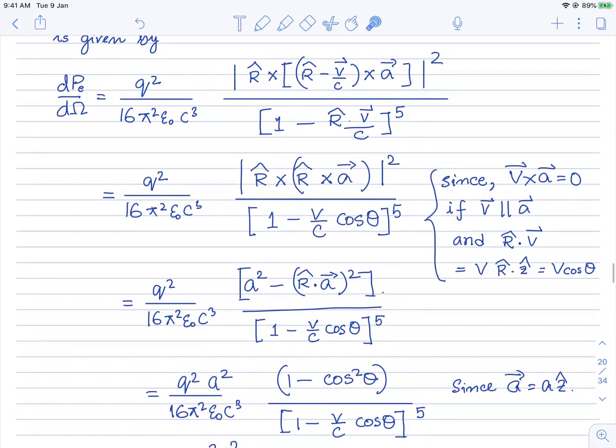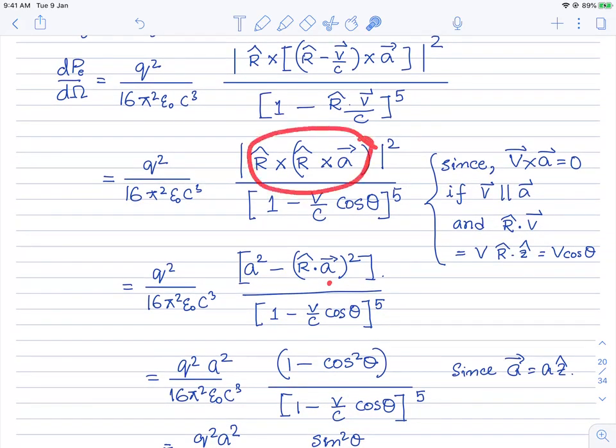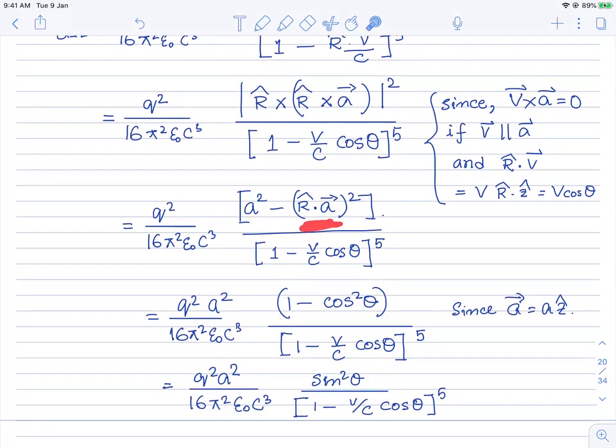Also, a's direction is along z, so you can write this numerator as a square minus (r hat dot a) square, and r hat dot a also becomes cos theta times the magnitude of a.